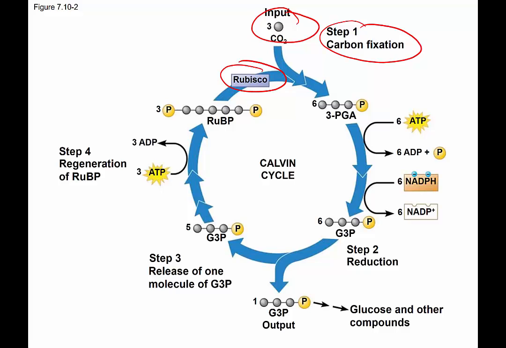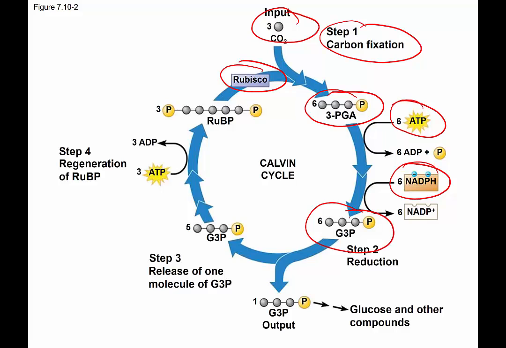So Rubisco, along with carbon dioxide, is able to form this molecule right here, 3-PGA. We have a bunch of ATP, here's 6, and a bunch of NADPH go into this reaction, and we have 6 G3P. So these G3P molecules should be somewhat familiar to you.